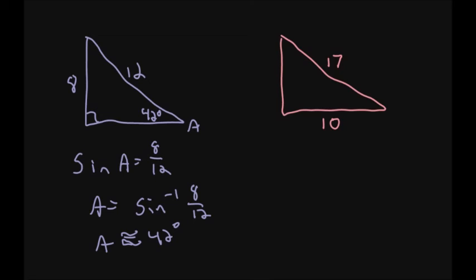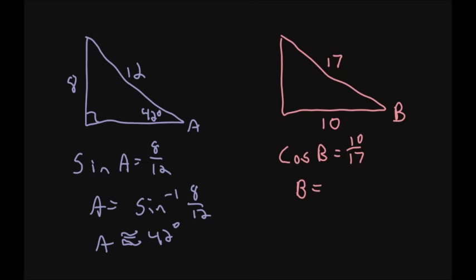So the second one there, oh, I didn't put what letter I'm finding. Let's find B here. So if I'm looking at that, in relation to B, I have the adjacent, which is 10, and the hypotenuse, which is 17. So I'm going to use cosine to solve this one. So the cosine of B equals 10 over 17. So to solve for B, I need the inverse of cosine.